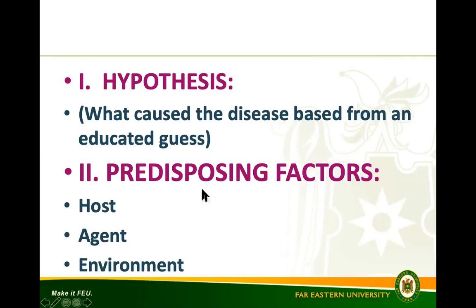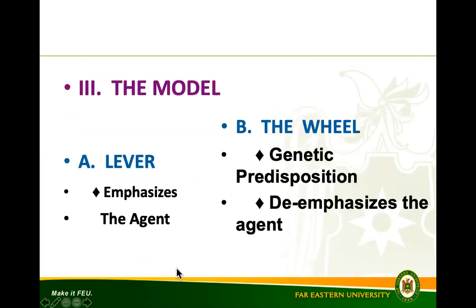Next, we proceed to identifying the predisposing factors, which could be either factors from the host characteristics, the agent, and the environment. Okay. Next, we choose a model that is mostly appropriate for the disease of our client, and we choose a model that will sufficiently depict the disease causation.